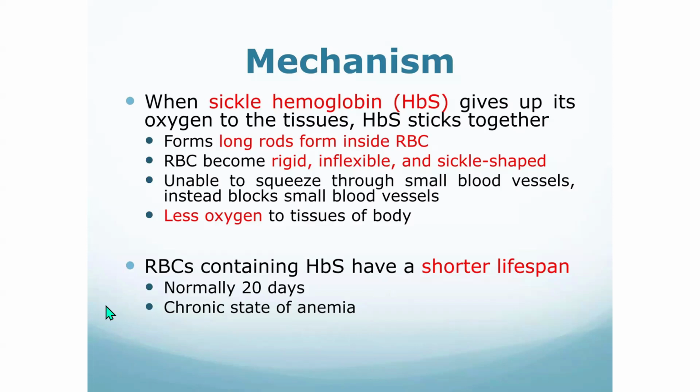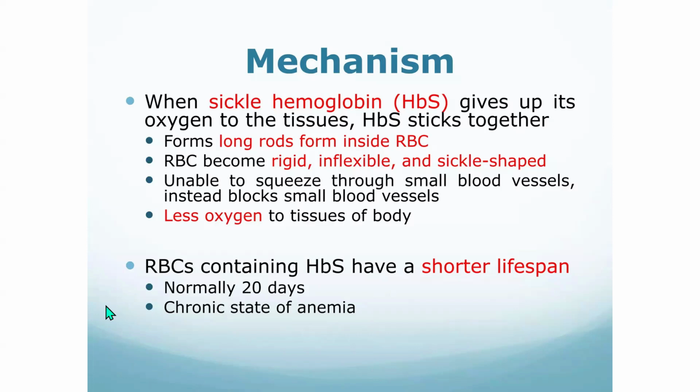As a result, there will be less oxygen delivery to the body tissues. This is due to the change in the shape of the hemoglobin as a result of the replacement of glutamic acid with valine.